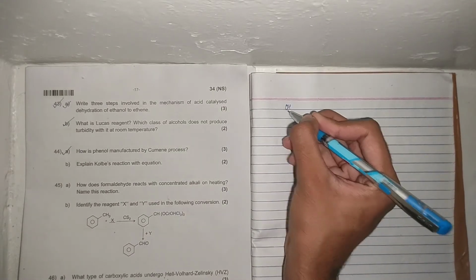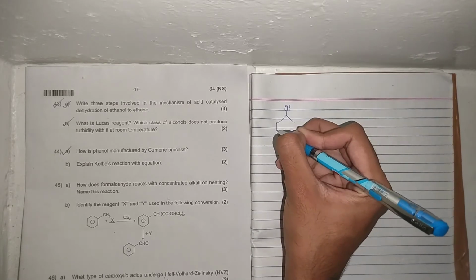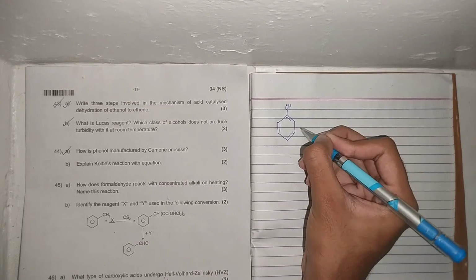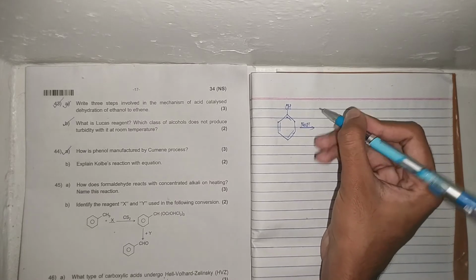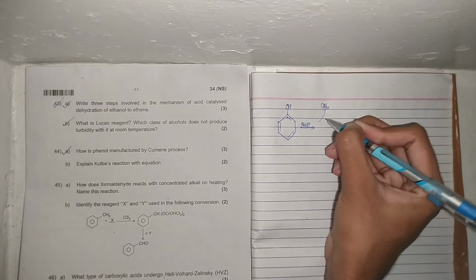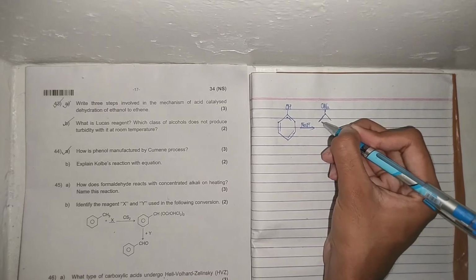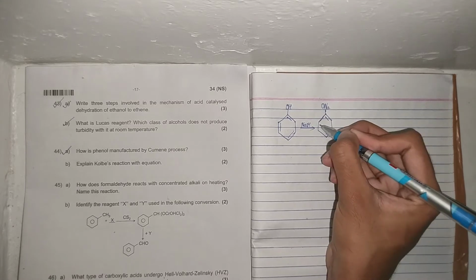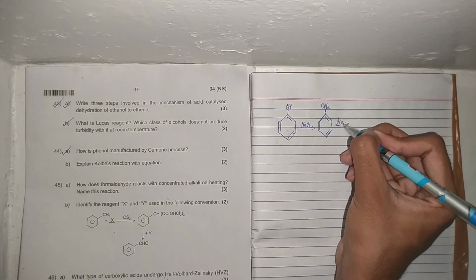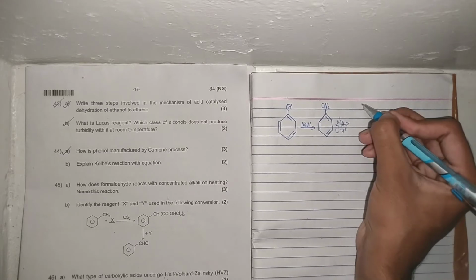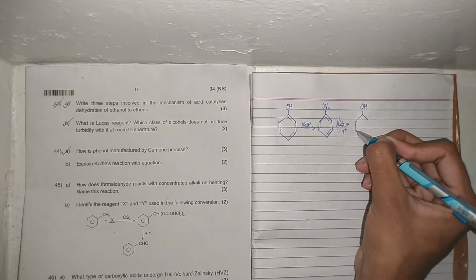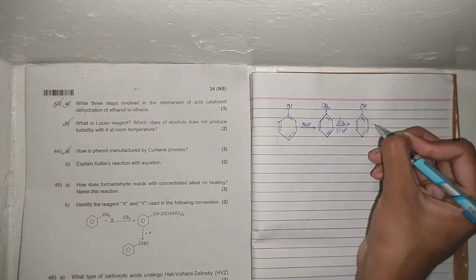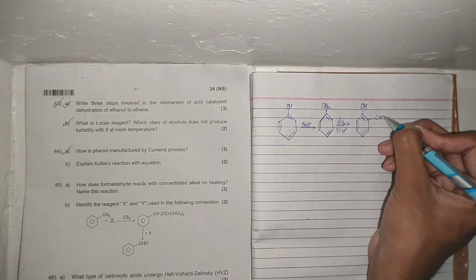So first OH, NaOH, ONa, first one CO2, second one H plus, OH, here single bond COOH.